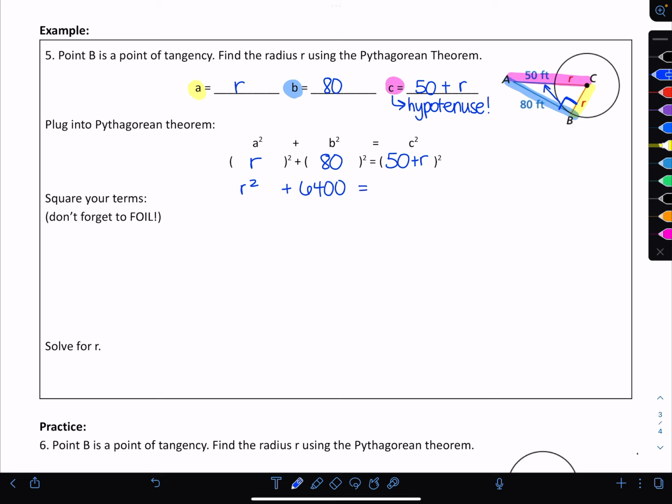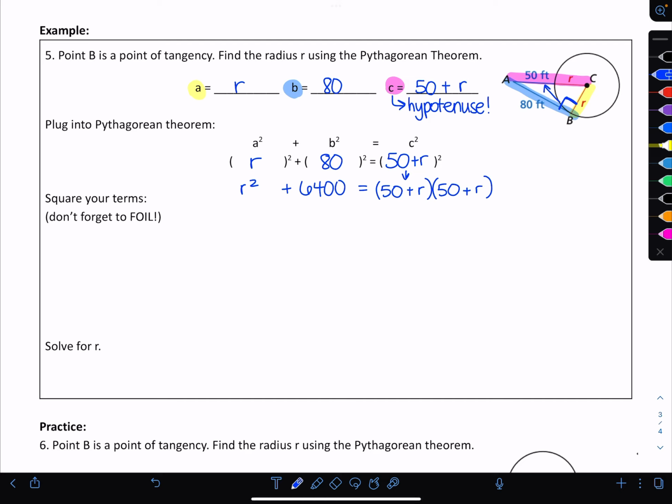And then on this right side, we need to be careful. We need to FOIL these terms. To make it a little bit easier to see what I'm doing, I'm actually going to rewrite this part first. Instead of writing it as 50 plus r squared, I'm going to show what that square means by writing it out as 50 plus r times 50 plus r.